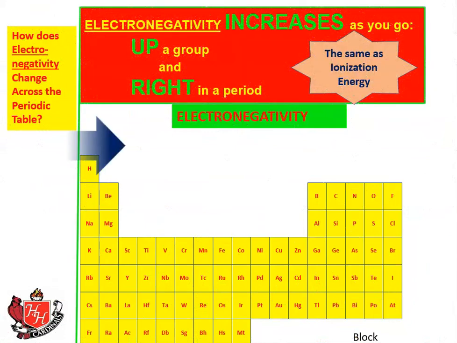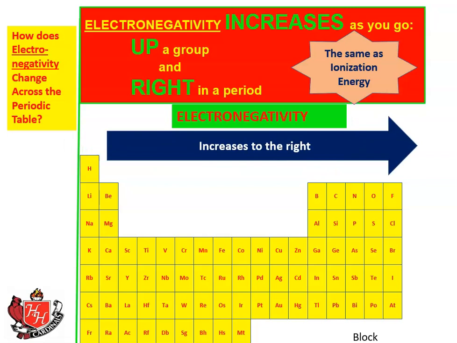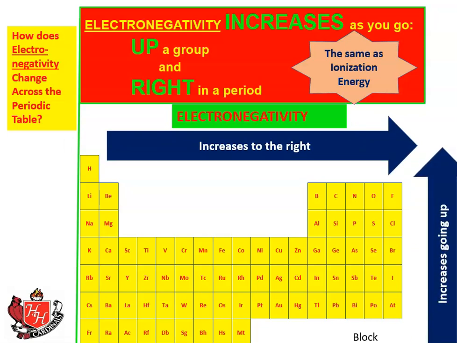So electronegativity, just like ionization energy, increases as you go from left to right across the periodic table and from bottom to top. So fluorine, oxygen, sulfur, chlorine, they have high electronegativities. Now, one thing you should notice is helium, neon, those noble gases on the far right-hand side, they're not there anymore. Why is that?